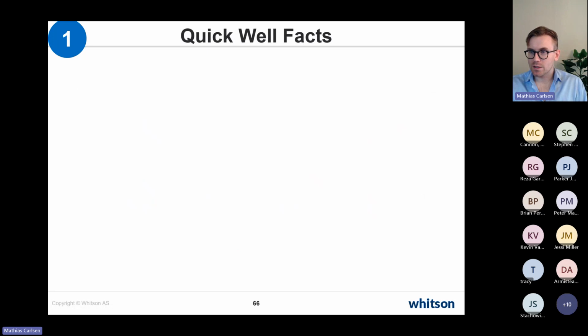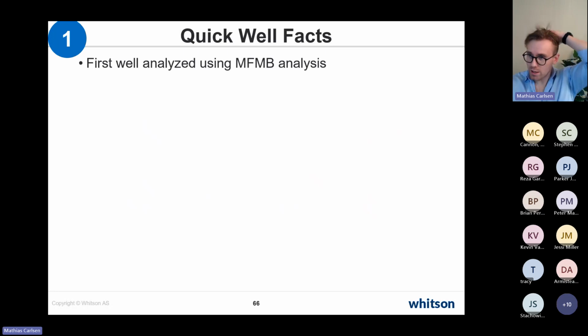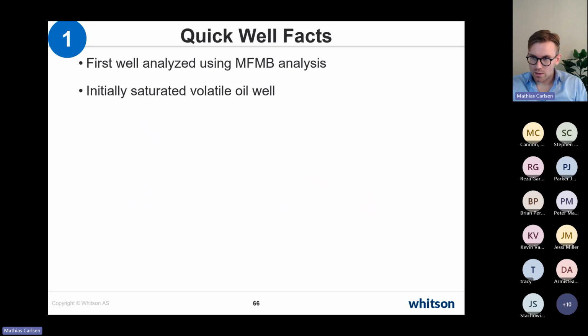A few quick well facts. The well was first analyzed with the multiphase FMB method. It's an initially saturated volatile oil well, so that means that you go below the saturation pressure from the get-go.